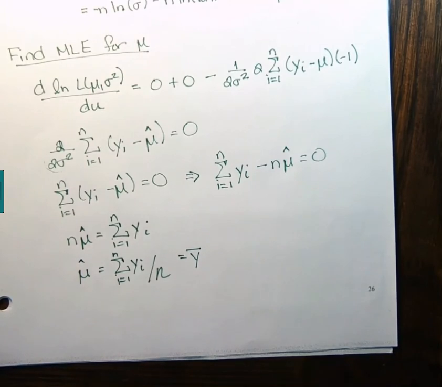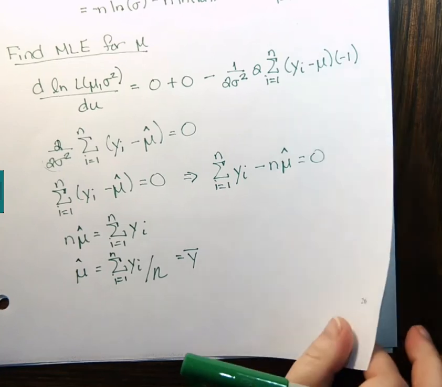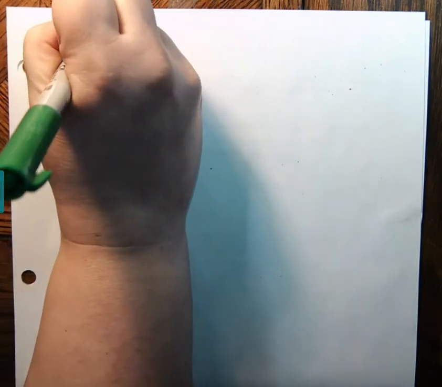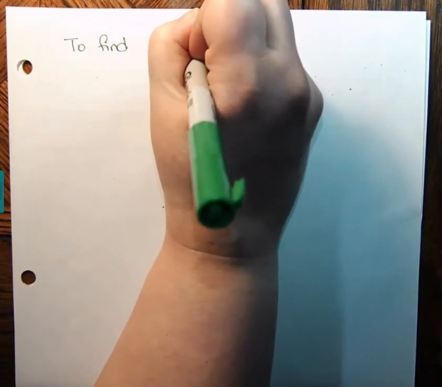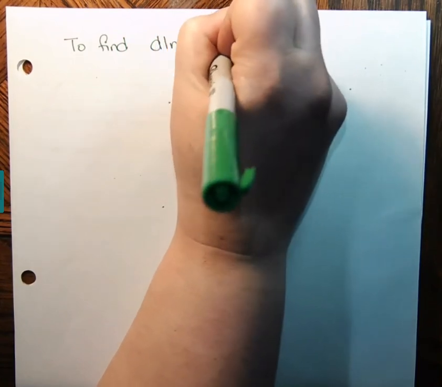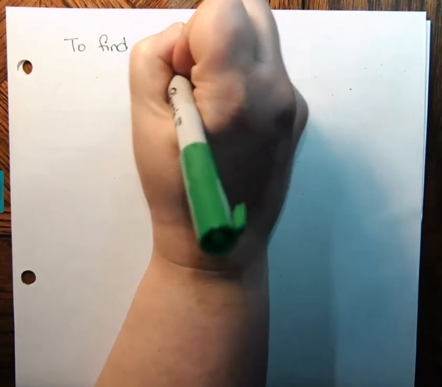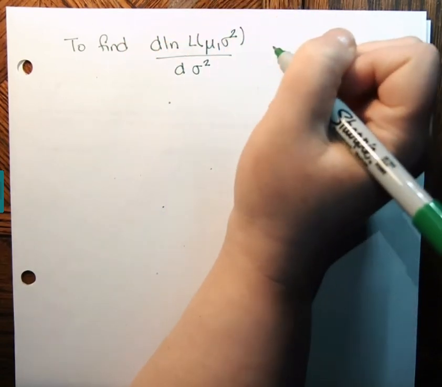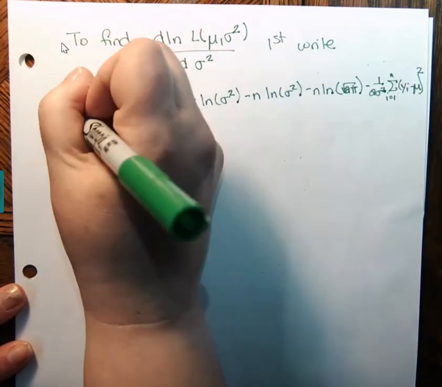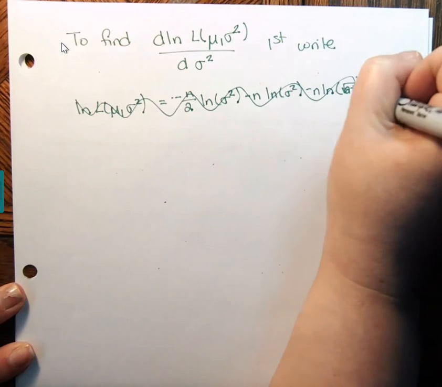So now we're going to do the same thing, but now we're going to find the MLE for sigma squared. So again, the very first thing I need to do is take the derivative of the log likelihood, but this time it's going to be with respect to sigma squared. So let's mark this line out and rewrite that.